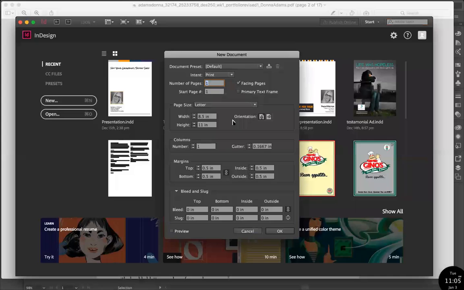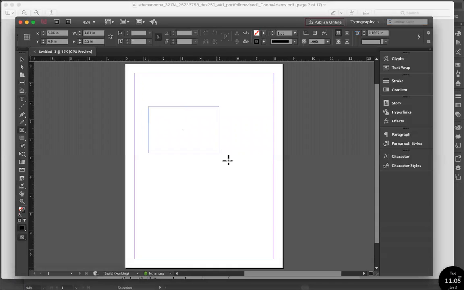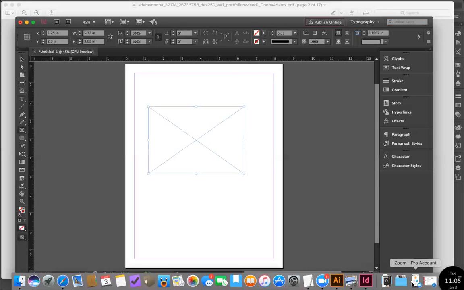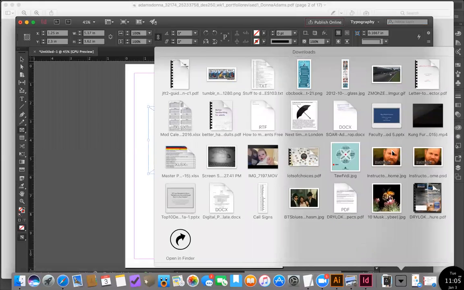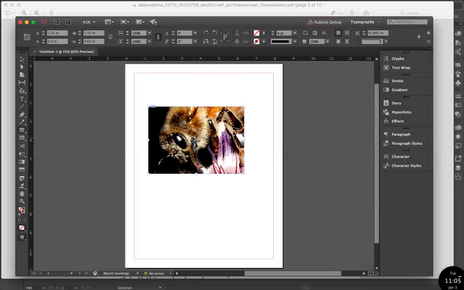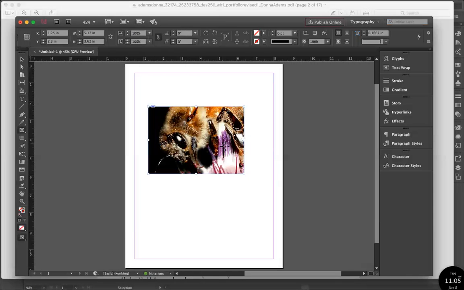So if I come in here, let's say that I make a frame for an image, and then I grab an image and put it in that frame. Okay. And let's say that I somehow get the image distorted. There's lots of different ways I could do that, but we'll just do it like this.